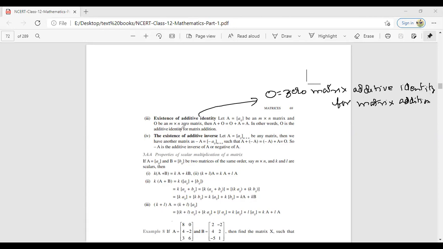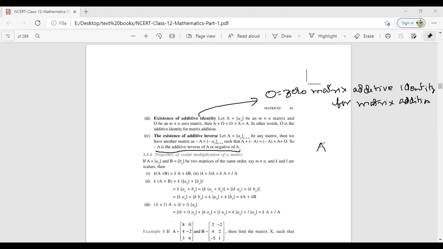So here the additive identity will be zero, and existence of additive identity means existence of additive inverse. The additive inverse is a number which can be added to give the identity.